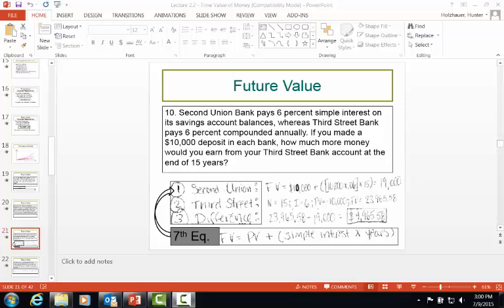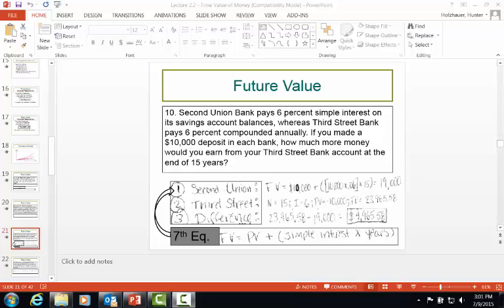Now, to do this, let's first compute the simple interest. That's real easy to do. I gave you an equation. In fact, that seventh equation written at the top of your test guide, we're going to finally use that, where your future value equals the present value plus the simple interest times the number of years.